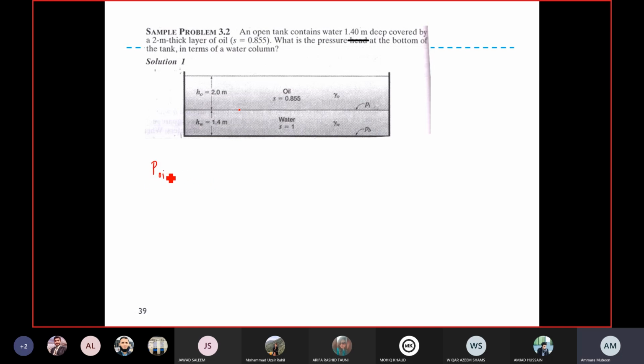Pressure due to the depth of oil would be gamma of oil multiplied by depth of oil, which is H now. Okay, and you need to calculate gamma of oil if you know the specific gravity.